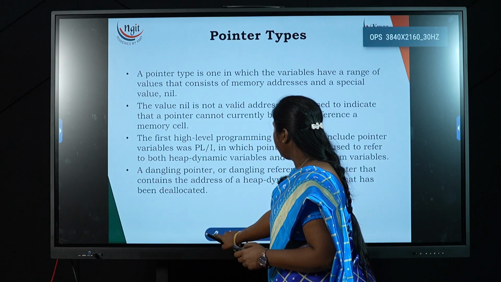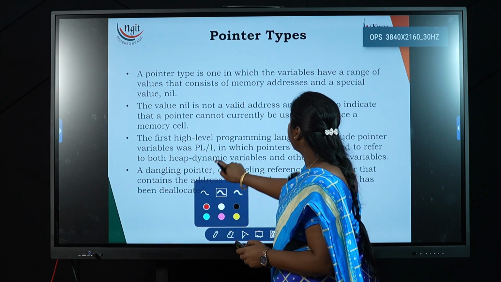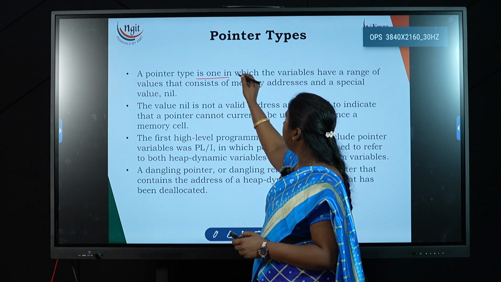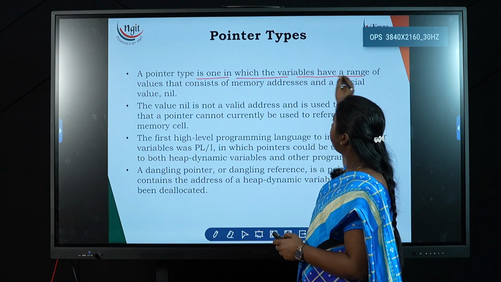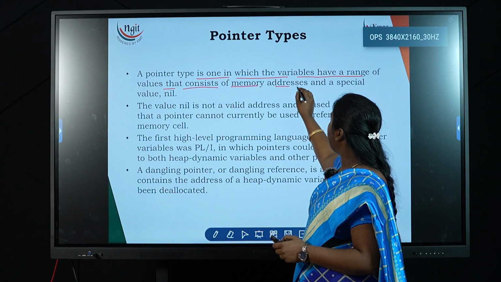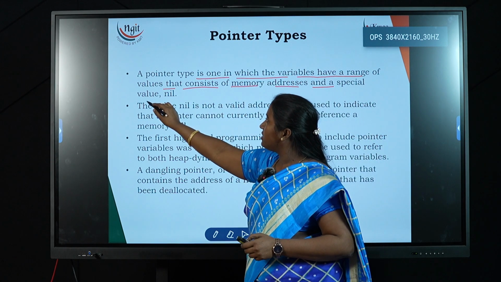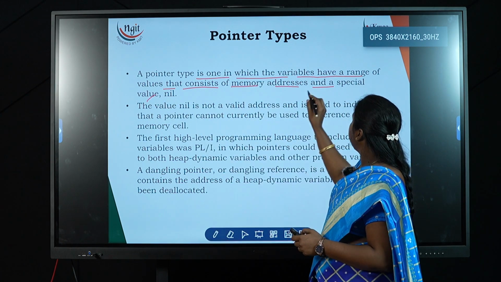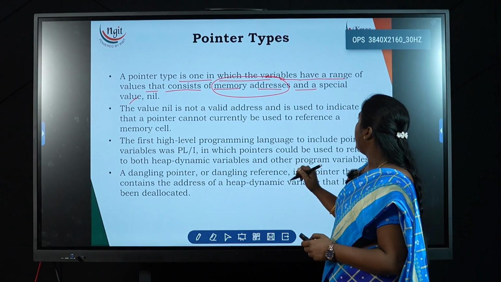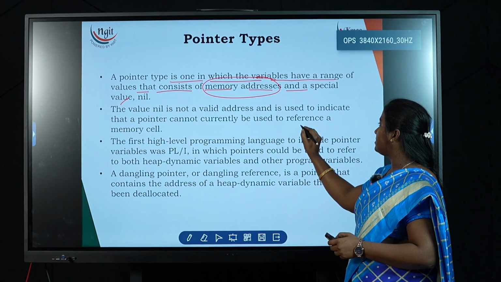Now let's see, a pointer type is one in which the variables have a range of values that consist of memory addresses and a special value. Now it consists of memory addresses, correct? I'll give you an example to understand.